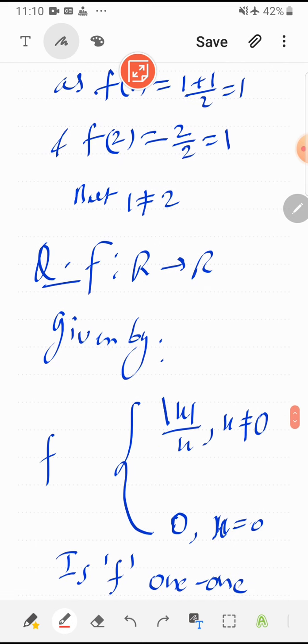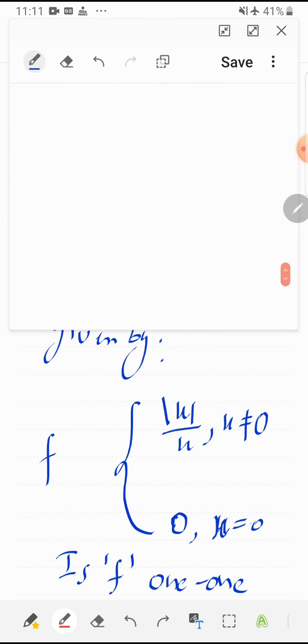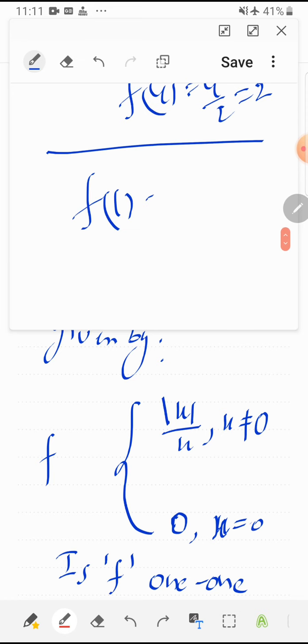Next, f from R to R given by mod of x upon x when x is not equal to 0, and 0 when x is equal to 0. So we have to check whether this function is 1-1 or not. So again try to know the function. In this case, what is f of 1?